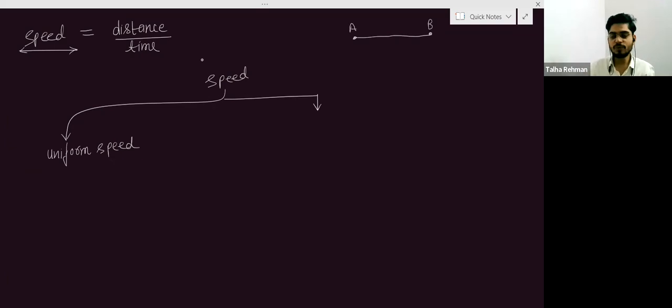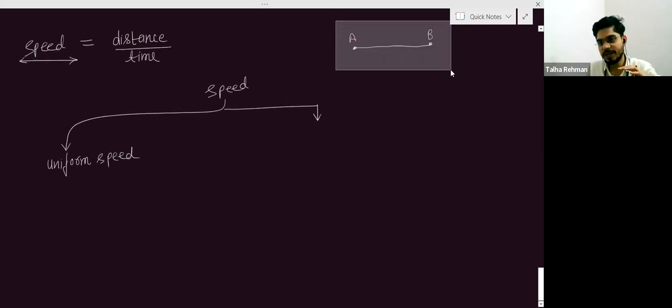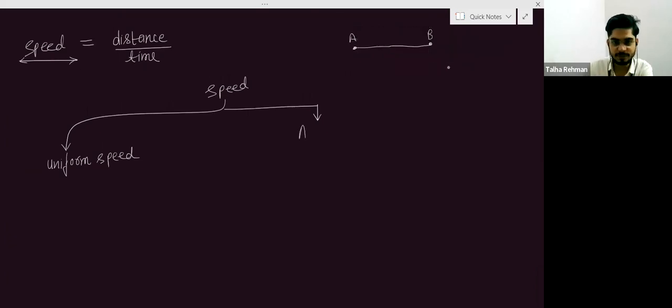And if I want to know what is the speed of your bike during the motion A to B, in that case you will say the average speed.